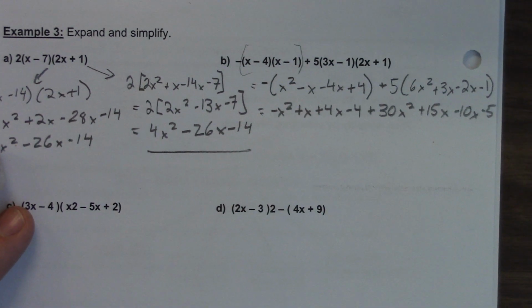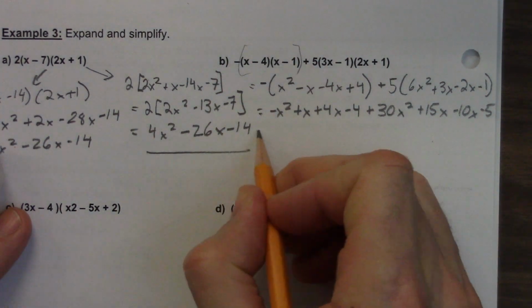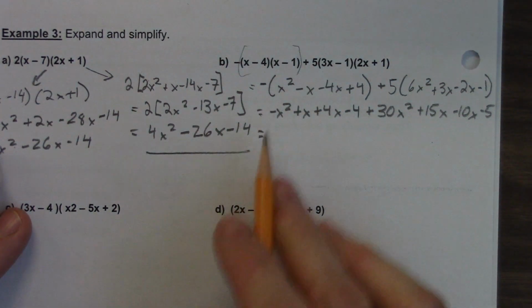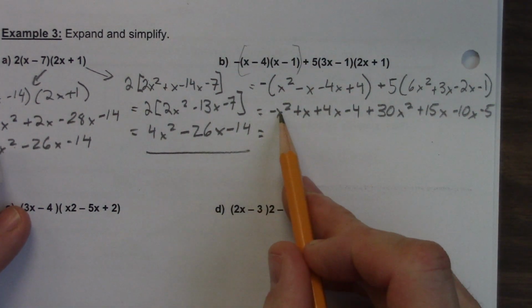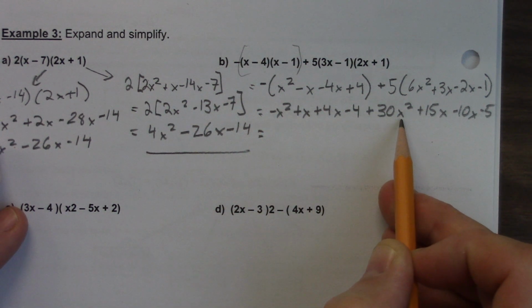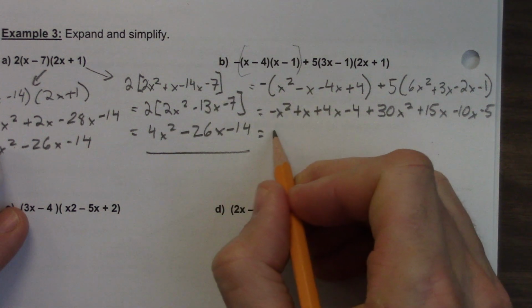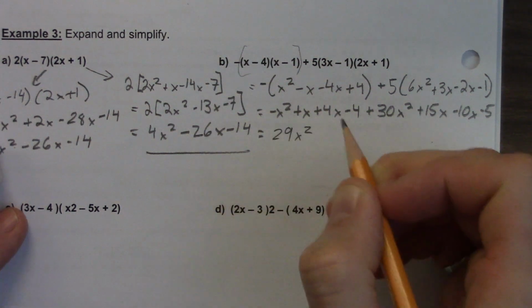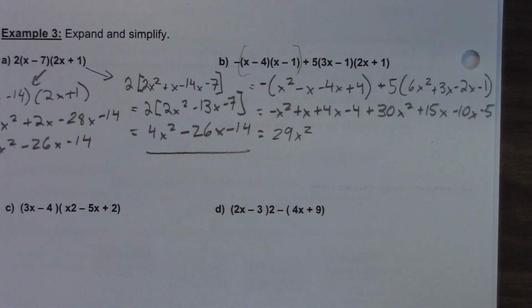It is getting heavy over here. Look how much is going on here. Okay, now minus x squared plus 30x squared. Those are my two. 29x squared, right?